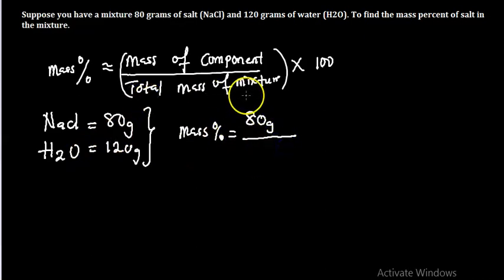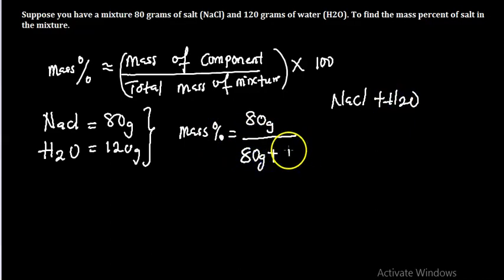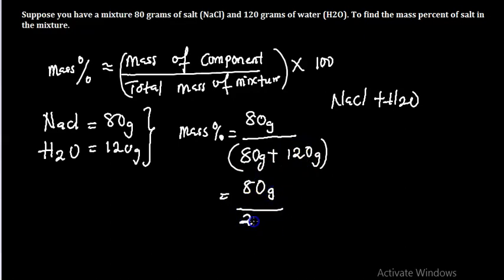In this case, we have sodium chloride with water, so we're going to have the same 80 grams plus 120 grams. 80 plus 120 is simply going to be 200. Therefore, we're going to have 80 grams divided by 200 grams.